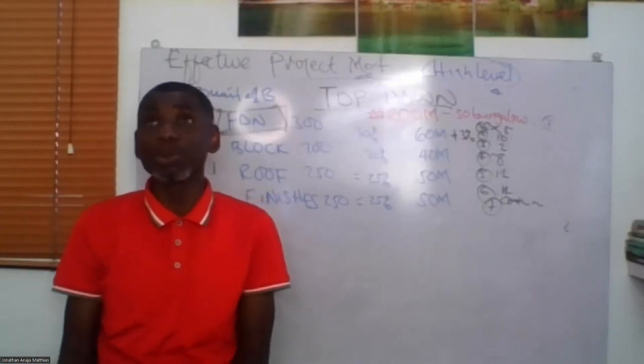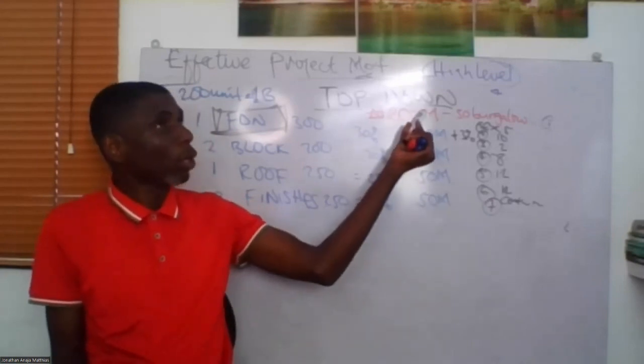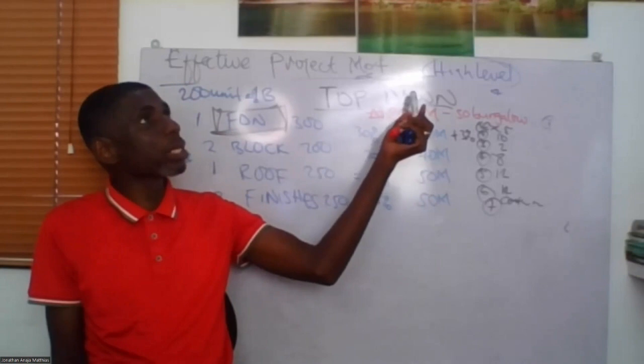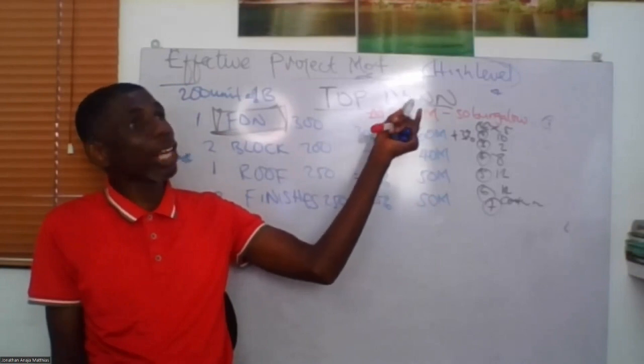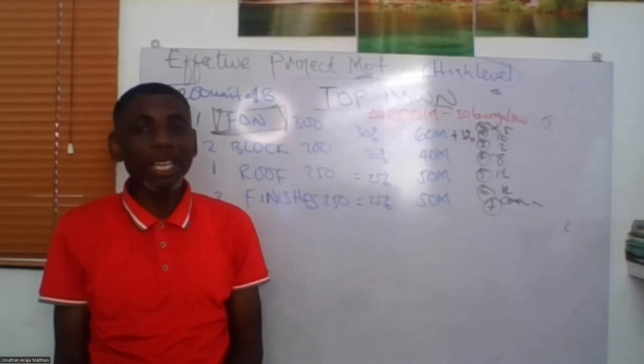Now, let me tell you something as project manager. When you have your project budget, 200 million, don't always release the entire 200 million into your construction. The reason is because, from my own personal experience, most times if you do not have a reserve, you will end up using money that is meant for something for another thing.